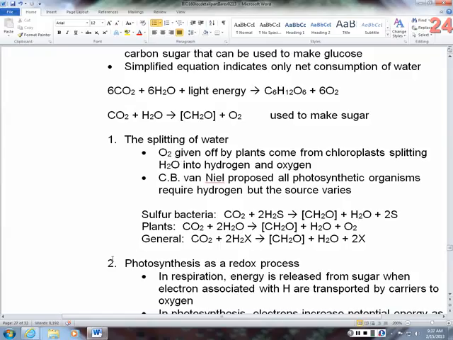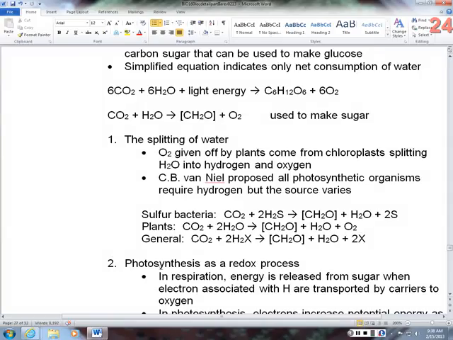When they looked at this, C.B. Van Niel proposed that all synthetic organisms require hydrogen, but they've actually found that they don't. The sulfur bacteria out there will use sulfur instead to produce things.